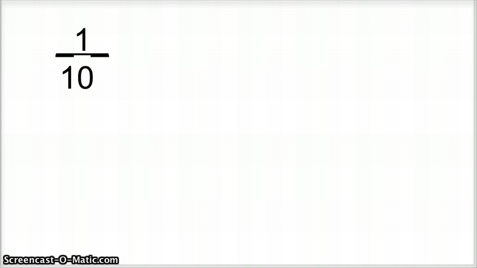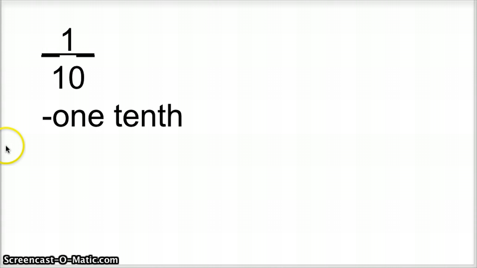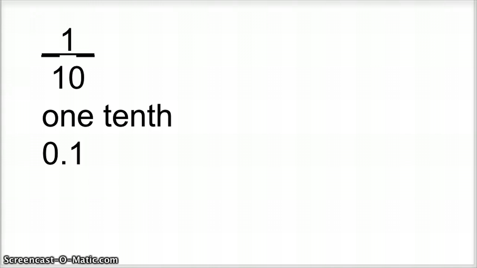Say this as a fraction. How would you say that in words? You should have said 1/10. Well, how do you write 1/10 as a decimal? Everyone should have said 0.1, because that is 1/10 as a decimal. How about this?